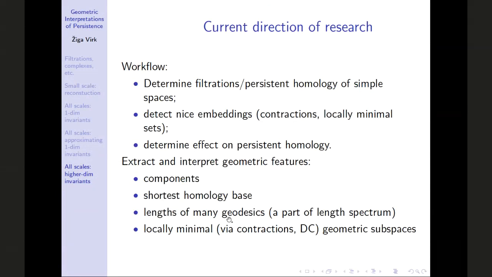Lengths of all sorts of geodesics, even if they're contractible, and locally minimal spaces, which means that if you have a geodesic subspace, or you don't even have to have a geodesic subspace, if you have something where a subspace has this hyperbolic neighborhood, you're going to detect a part of its persistent homology in the persistent homology of the whole space. So that's kind of a clue of what kind of things we're aiming for.